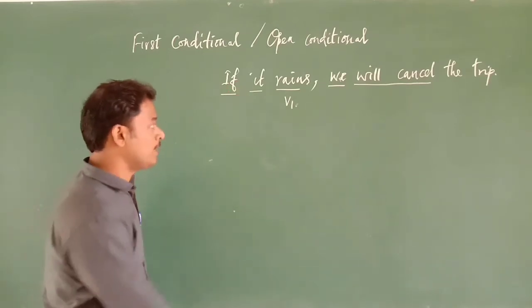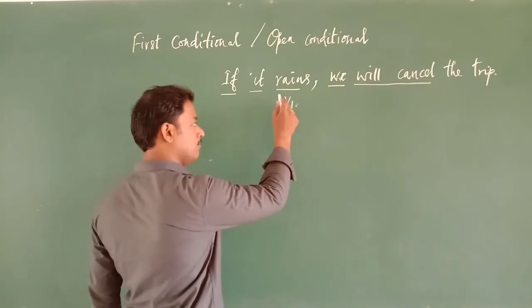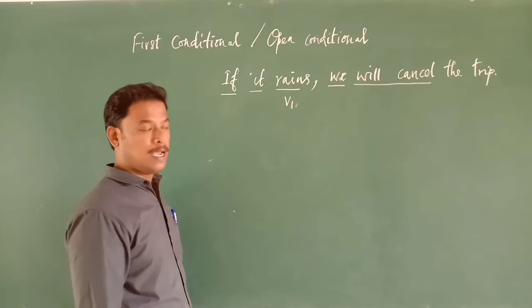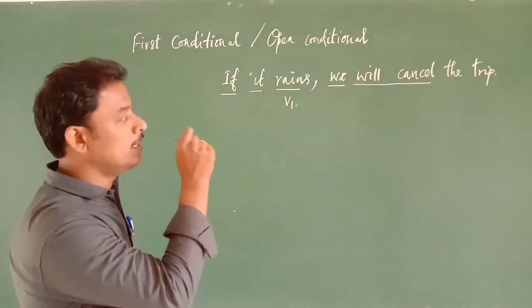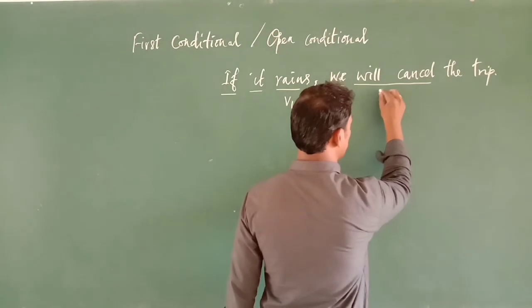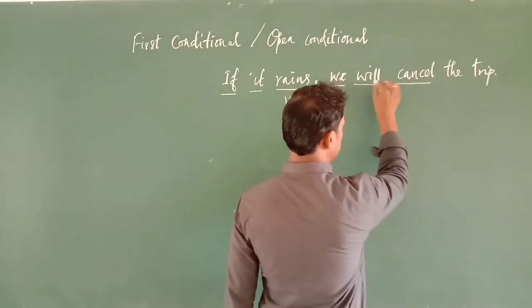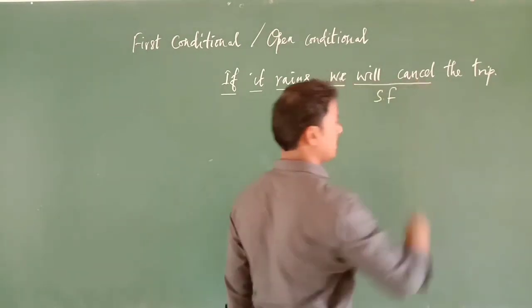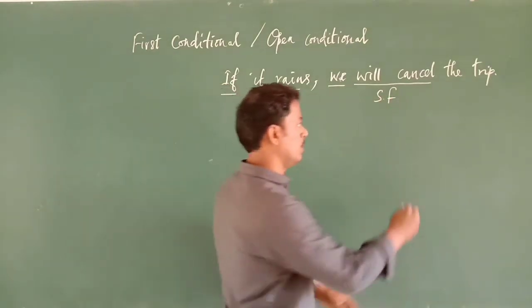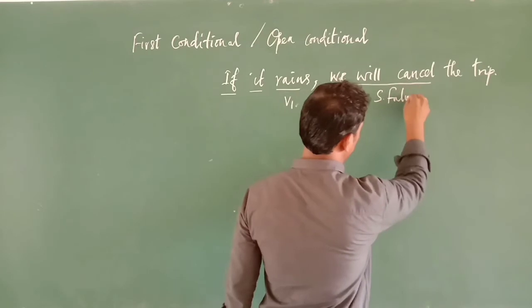Okay, fine. The verb applied here is present simple, that is verb 1, and the result has the verb of simple future. Analyze this verb: will plus verb 1. So it is in simple future.